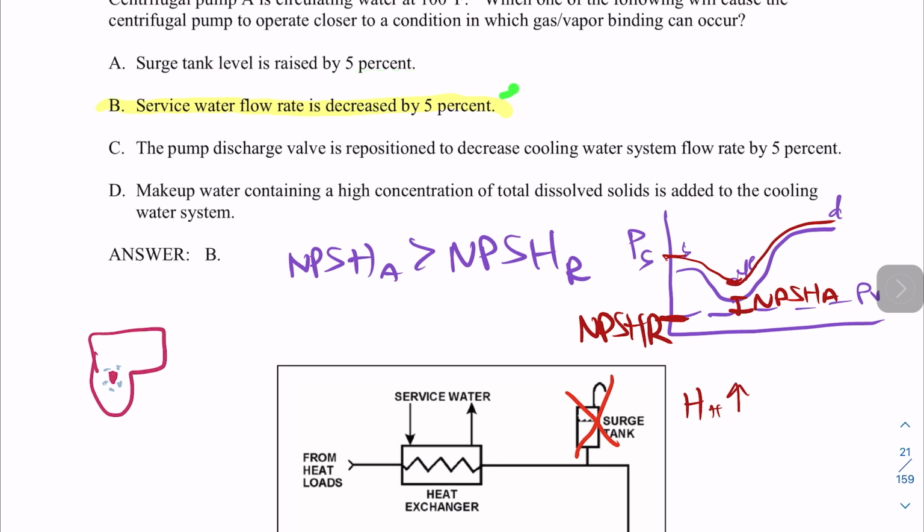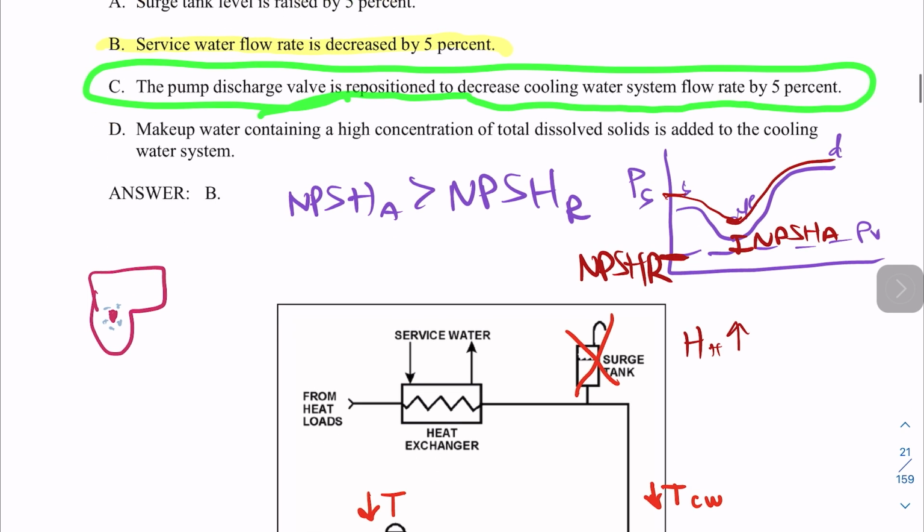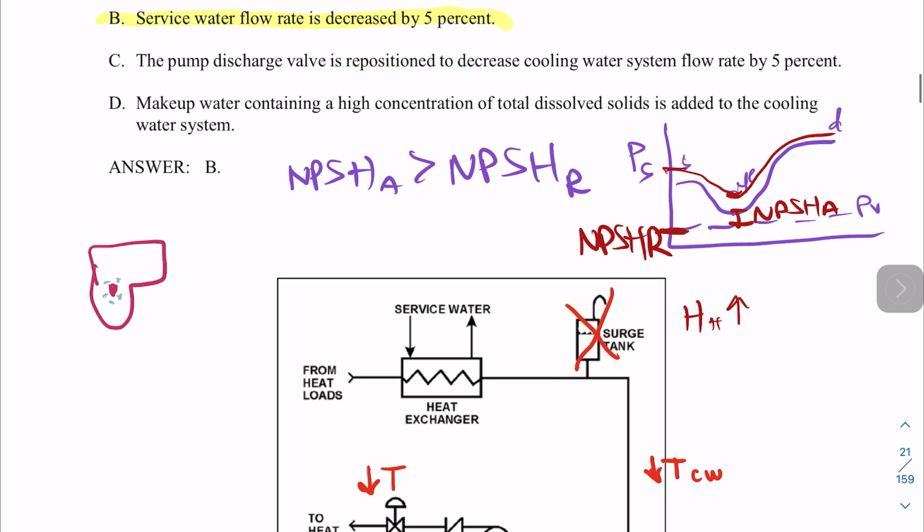I'm just not going to go over this one yet, but let's go over this other one. The pump discharge valve is repositioned to decrease cooling water system flow by 5%. So the pump discharge valve is repositioned to decrease the flow in here.